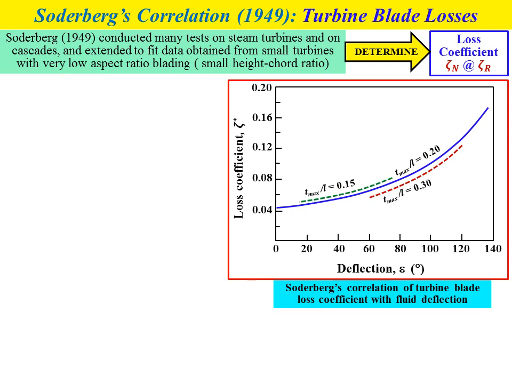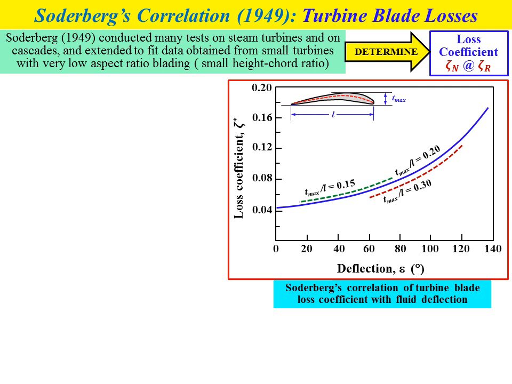The second one, represented by the green dash line, is for T maximum divided by L equal to 0.15, and the red dash line is for T maximum divided by L equal to 0.30.